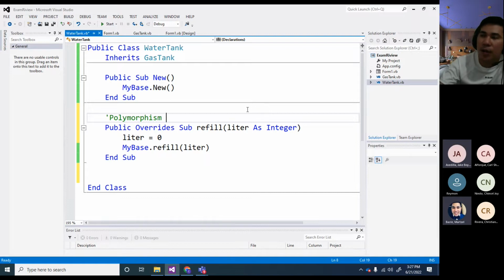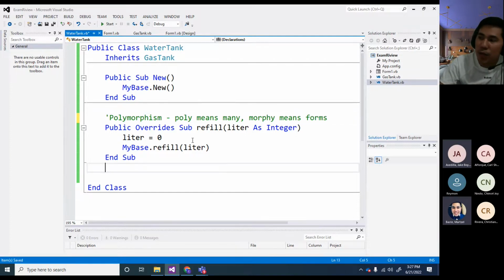Okay, polymorphism. So we talk about polymorphism. Poly means many, morphe means forms. The ability of a class to have many forms.